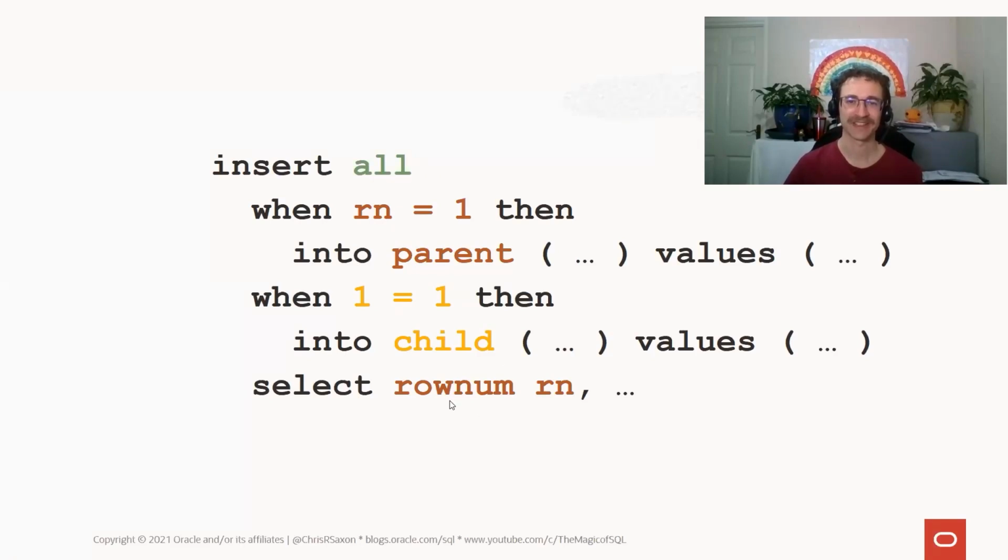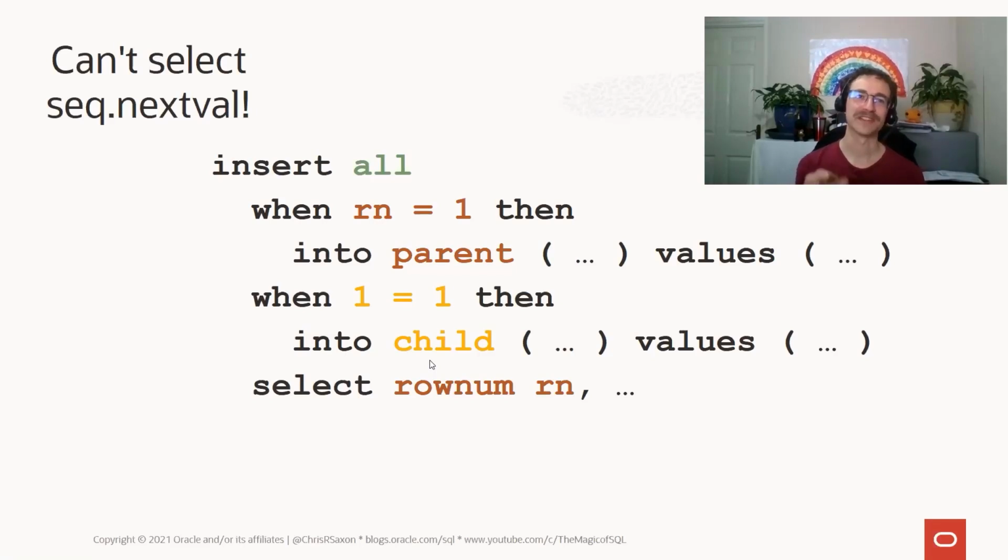We need to do something like this, have a row num thing in there and only insert into the parent once, but always insert into the child. So 1 equals 1, always true. We will always insert every row from the query into the child table, but we'll only insert one row from the query into the parent table. So already it's looking pretty fiddly, right? There are some other little gotchas to be aware of as well.